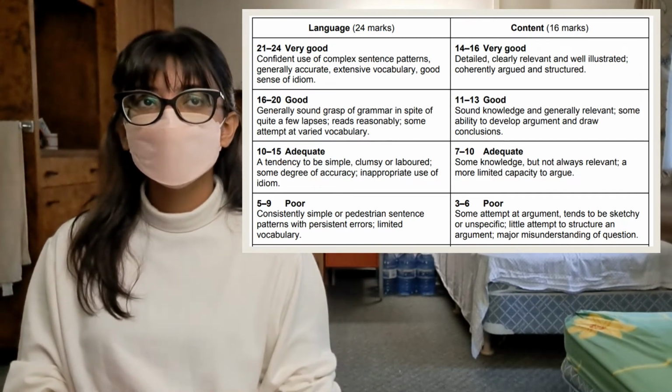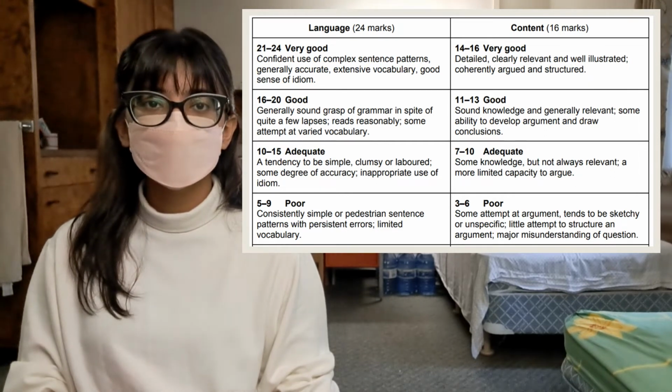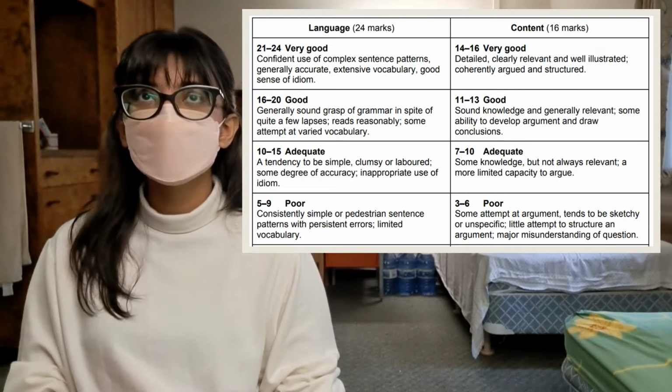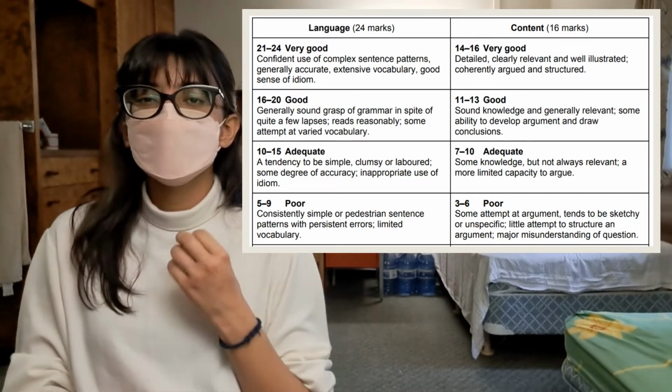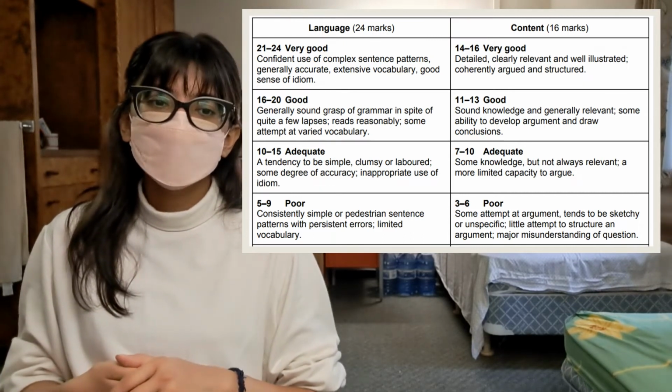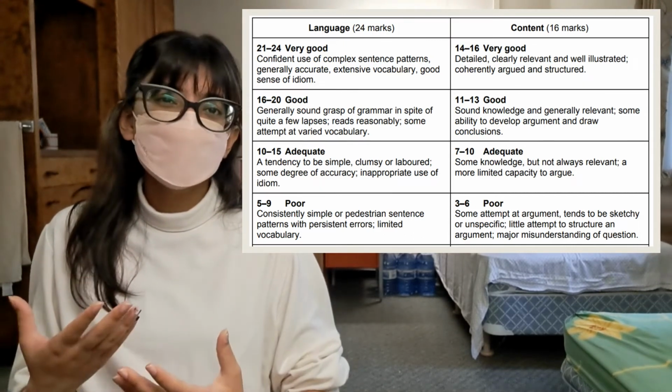Another very important thing for language, I'd say, is the use of proverbs and idioms. Now, it's not necessary for you to use idioms and proverbs, but I would say it's quite good to use them because it shows a sense of familiarity with the language.